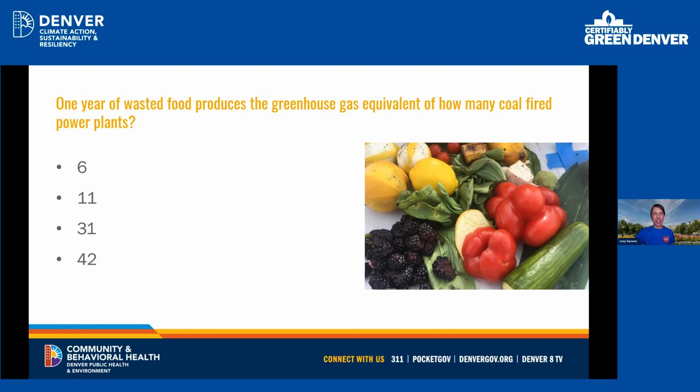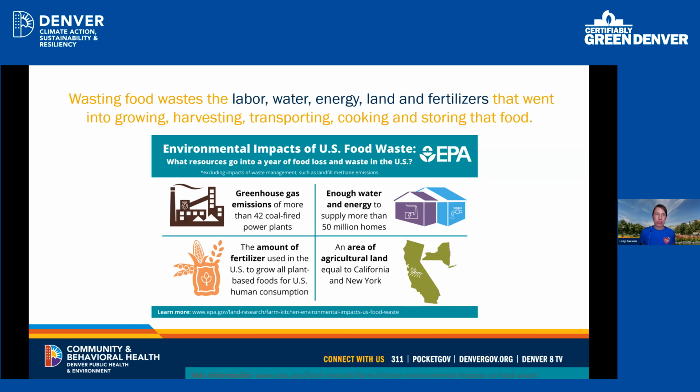So the right answer is 42. And this is where this data comes from. It comes from the US EPA. They released a report just recently on all the impacts of food waste.